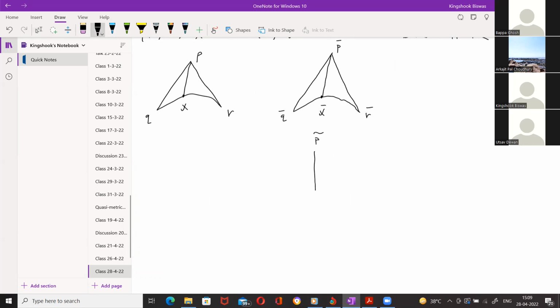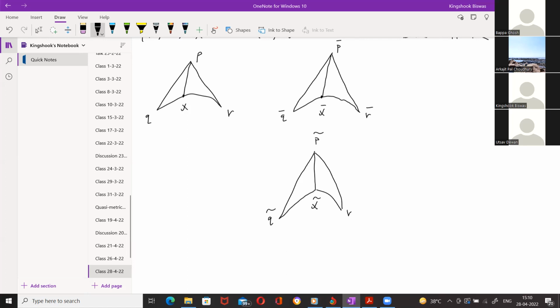P tilde, Q tilde, X tilde, and I take another comparison triangle P tilde X tilde R tilde, and I join these two triangles together so that they lie on opposite sides of the line P tilde X tilde.